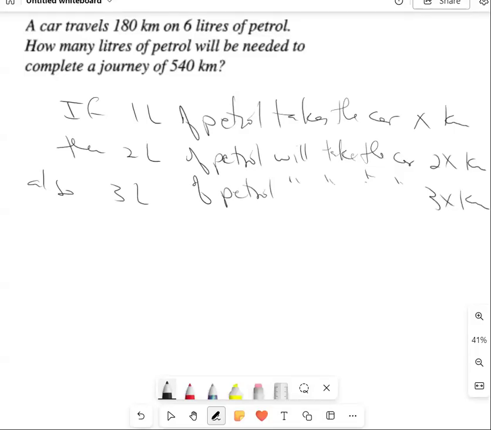So when you double how much gas is used, the distance doubles. We're assuming that there's a direct relationship between the petrol and the distance traveled. So if you multiply by 3, this will multiply by 3 as well. x becomes 3x, right?